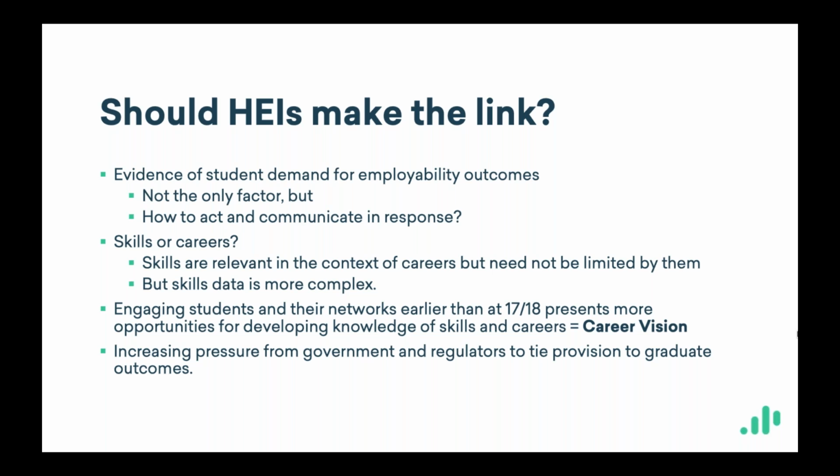There's no agreed taxonomy for how all of this fits together. We have ways of doing it, but it is a far more complex conversation. But it is worth bearing in mind that we don't necessarily have to be tying academic programs to careers. We can be tying them to skills, which we can then tie to multiple careers. So there is a way to make that link as well.